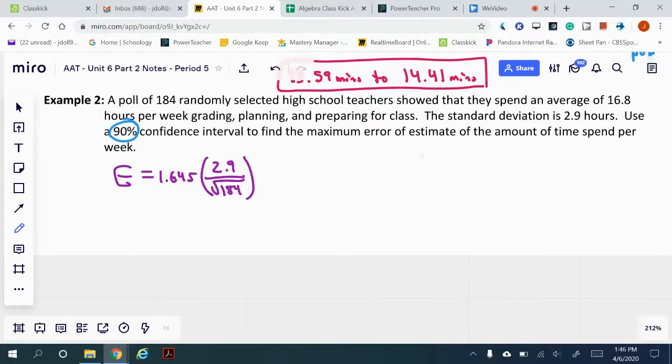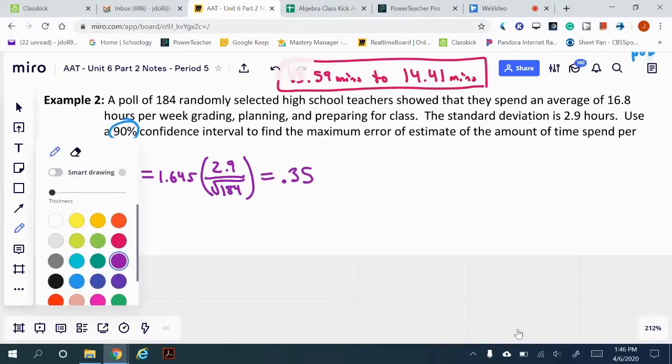So 1.645 times, in parentheses, 2.9 divided by the square root of 184, and equals 0.35 is what I got here.